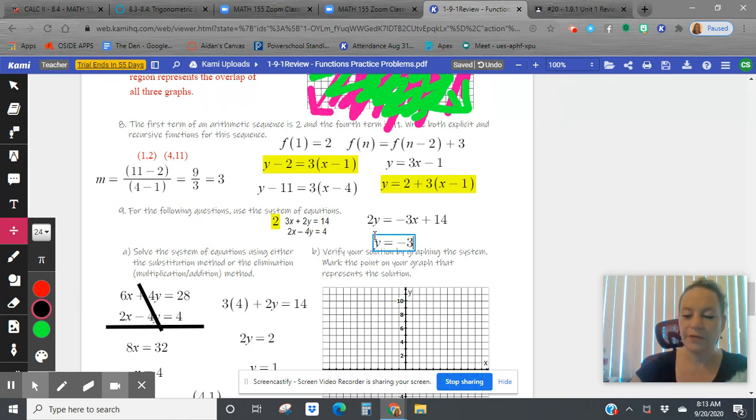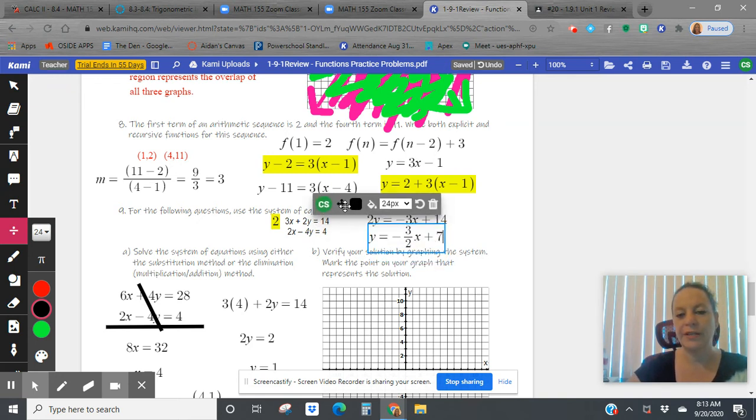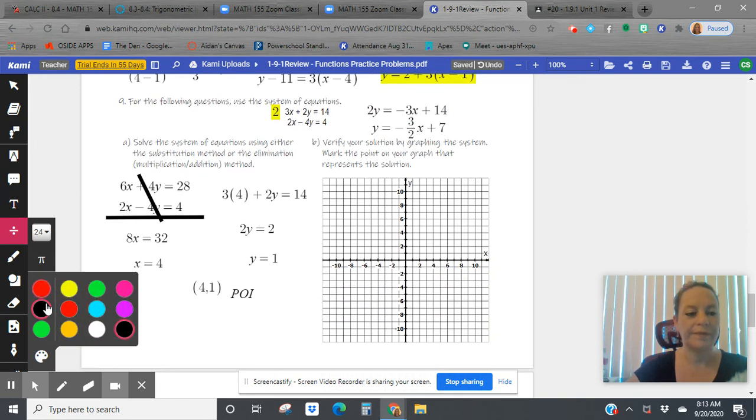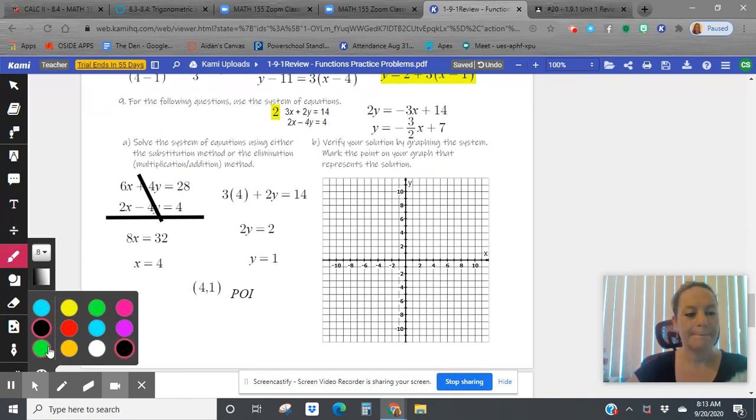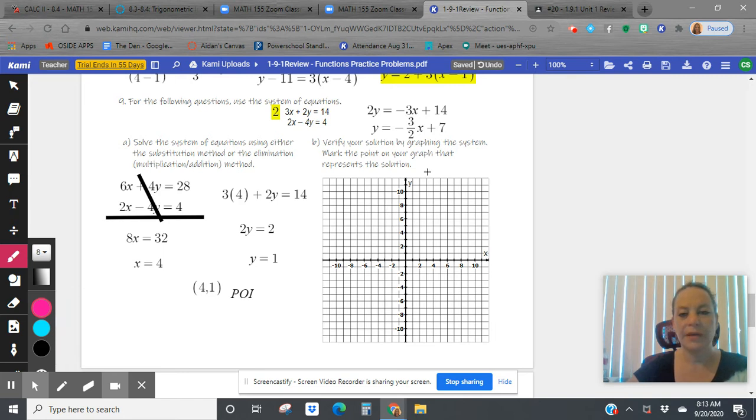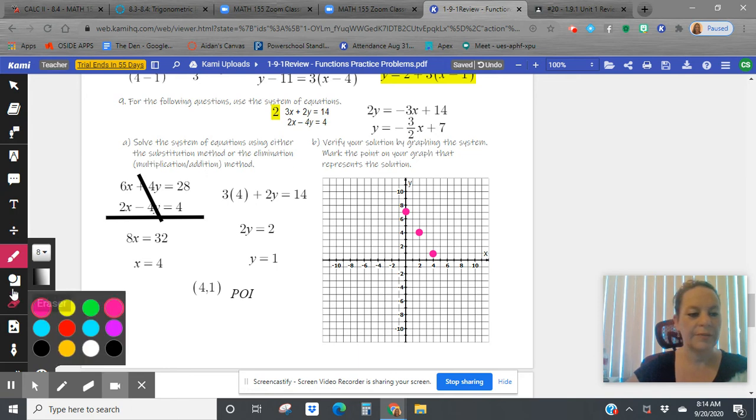That's going to give me negative 3 halves x plus 7 after I divide everything by 2. Now this is ready to go graph. Begins at 7, down 3 over 2, down 3 over 2. And here's my first line.